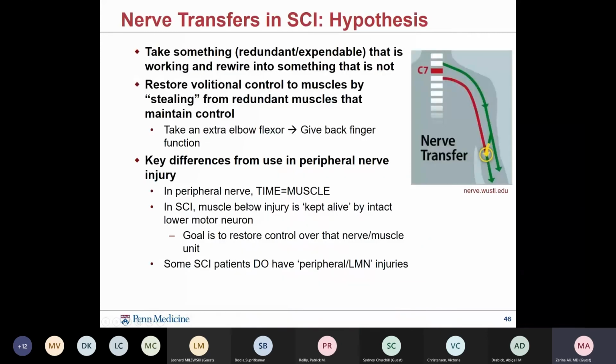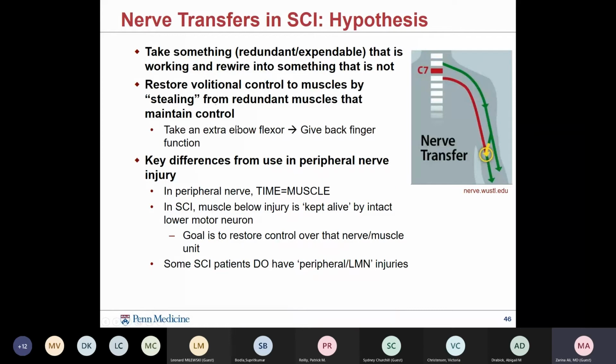So in taking this together with nerve transfers, we again think about, okay, how can we take something that's redundant and expendable and then rewire it to something that's not working? And so again, we're restoring that volitional control by stealing from another redundant muscle in order to regain that control.